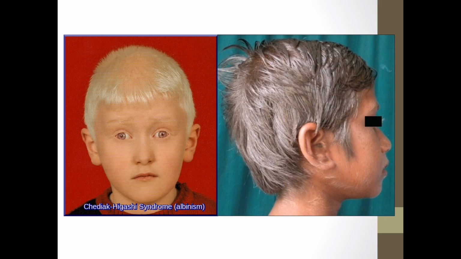The second one is Chediak-Higashi syndrome, in which there is a defect in lysosomal granules. And the third one is leukocyte adhesion molecule defect, in which blood leukocytes do not bind to the vascular endothelial cell, so they are not recruited normally to the site of the infection.